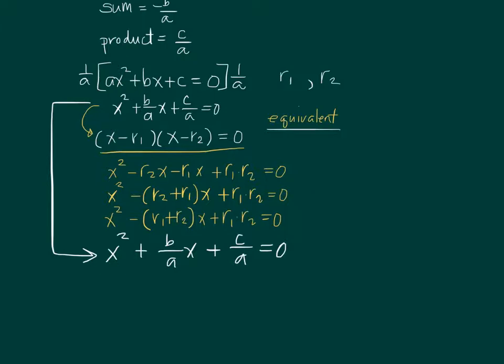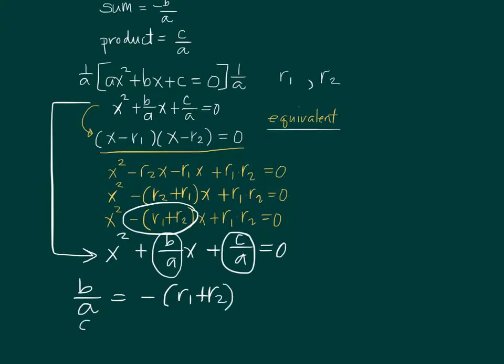In short, b over a should be equal to negative (r1 plus r2), and that c over a must be equal to r1 times r2. And if you see it now, this is taking us to the two formulas that help us to find the sum and the product of the roots of the quadratic equation.